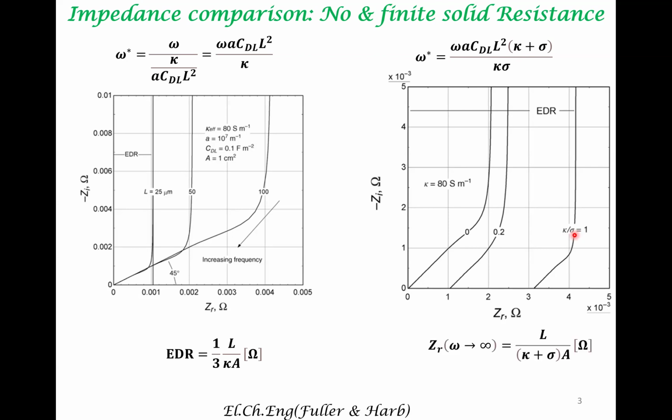So what is important to understand is, as omega goes to infinity in all three of these curves, what you saw was that the real part of impedance, which is the resistance, goes to 0.